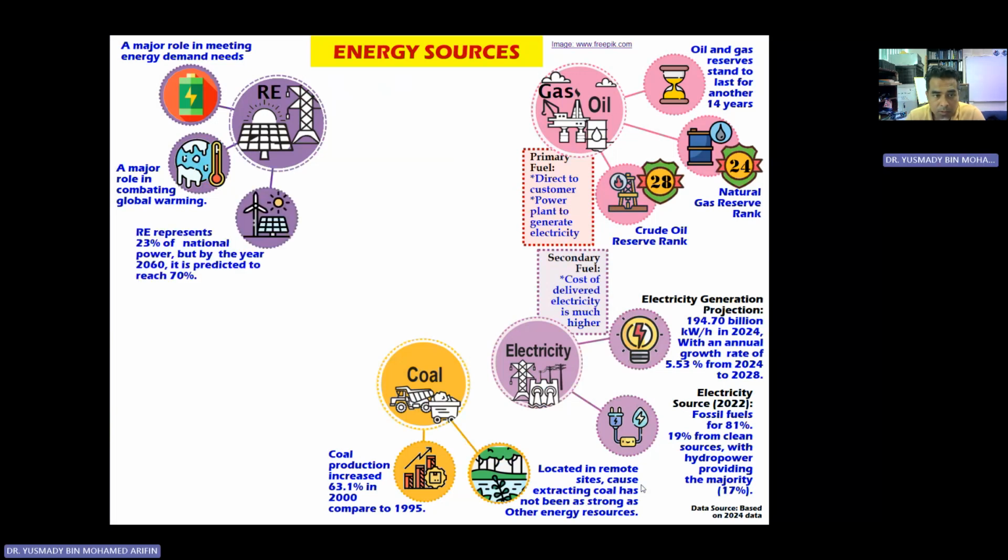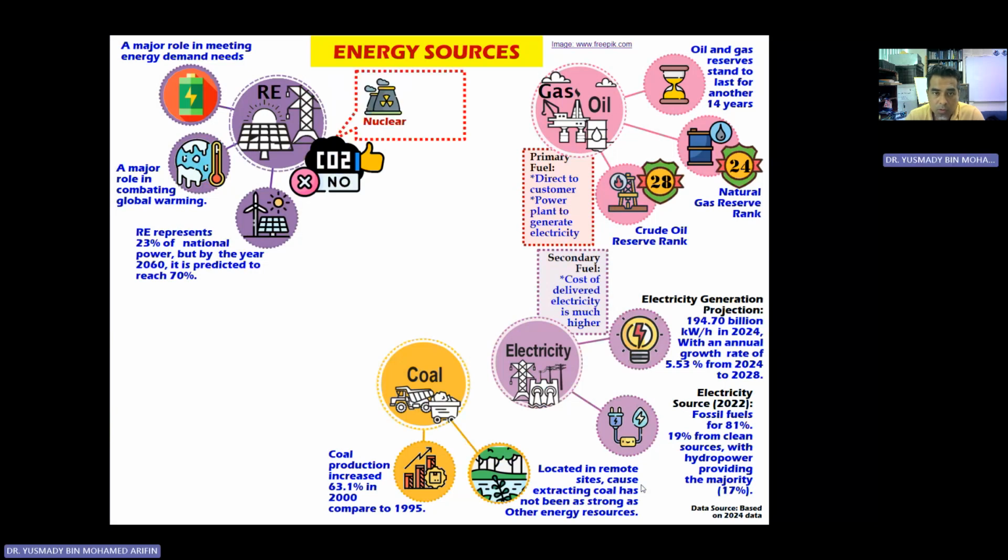Renewable energy represents 23% of national power, but by the year 2060, it is predicted to reach 70%. So renewable energy is actually a good way to prevent pollution, because the renewable energy approach will not release any CO2, which is good for the environment.